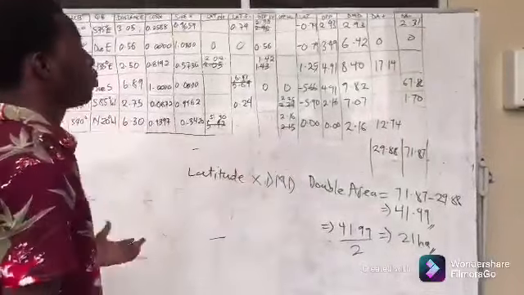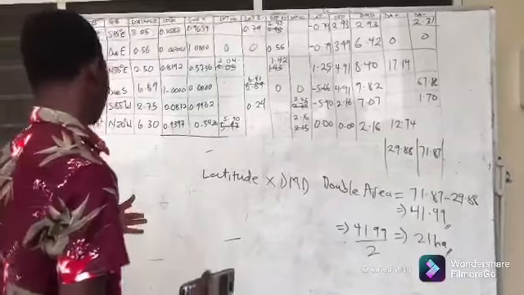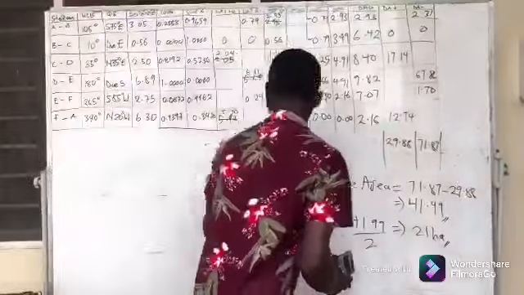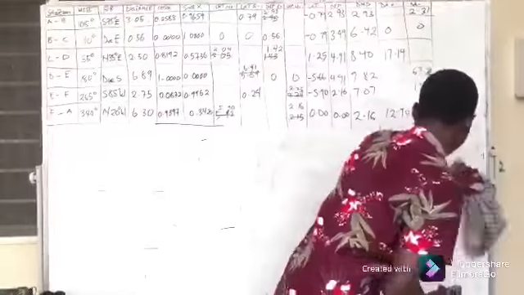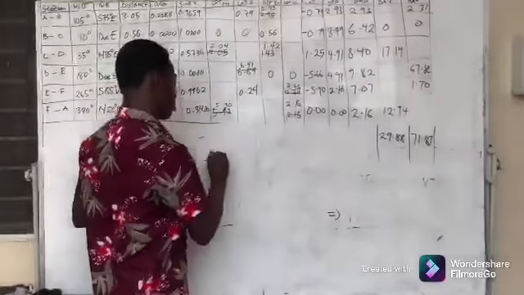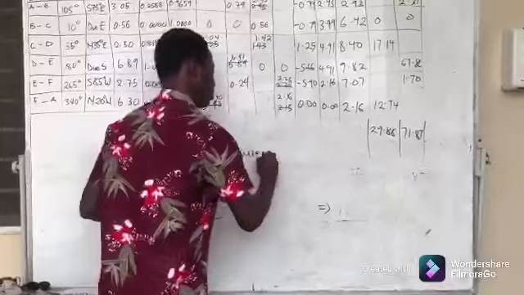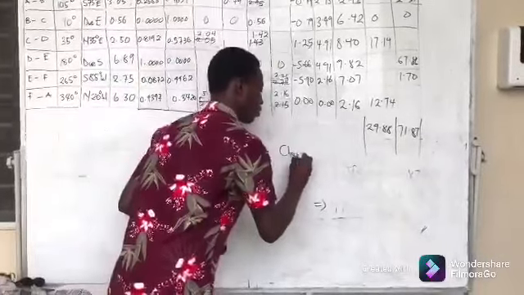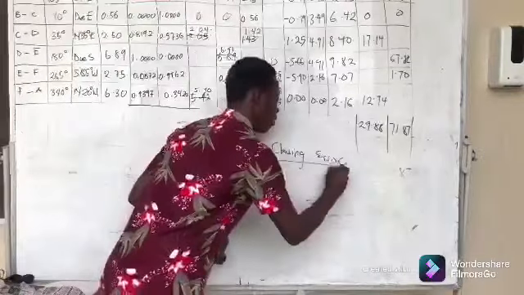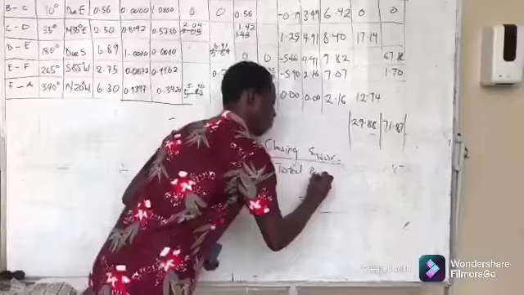So after this, you are done, but you are not done. You get it? You have to find the misclosure, and the formula for misclosure is closing error over total perimeter.